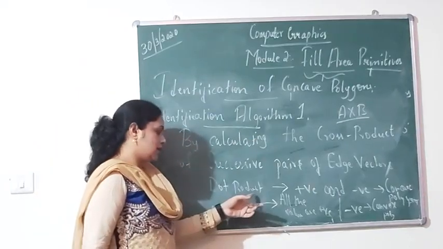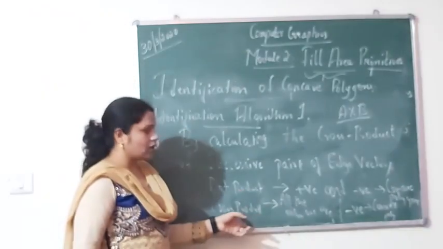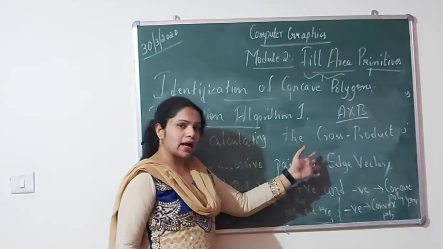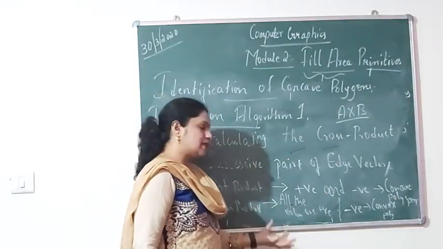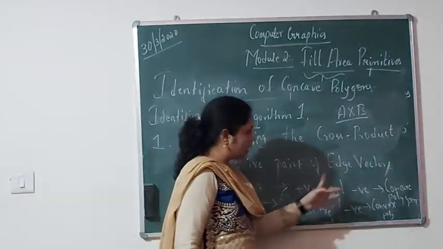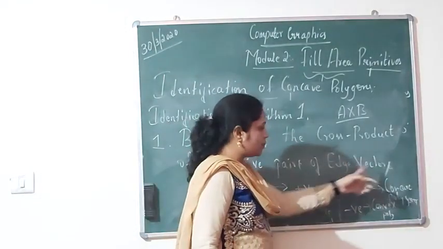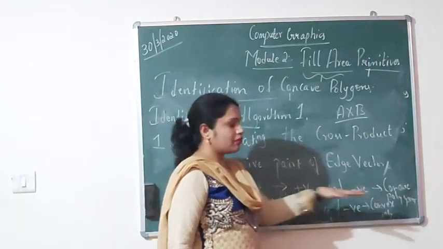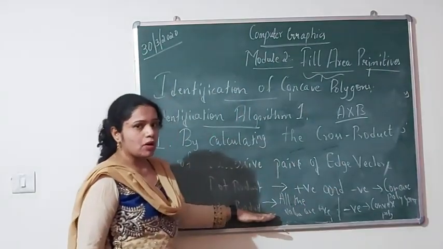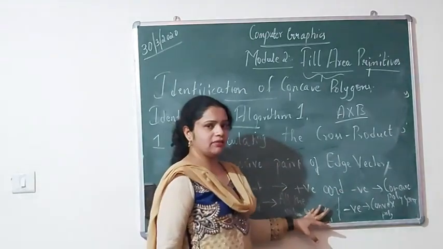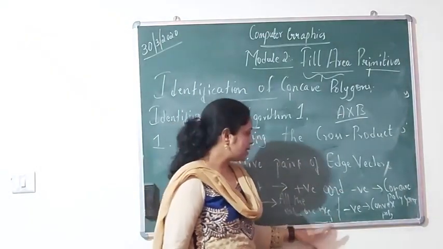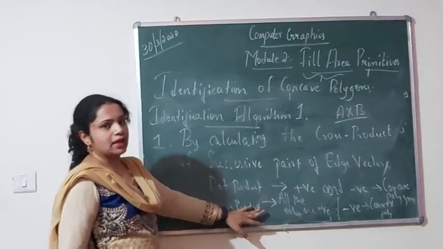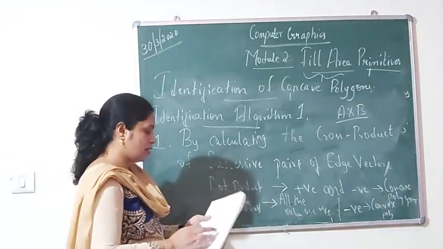So in vectors we have the dot product and we also have the cross product. When I do this cross product and the result consists of both positive and negative values, then that polygon I classify as a concave polygon. If all the values are positive, or else all the values are negative, then I characterize such a polygon as a convex polygon. This is the first algorithm.